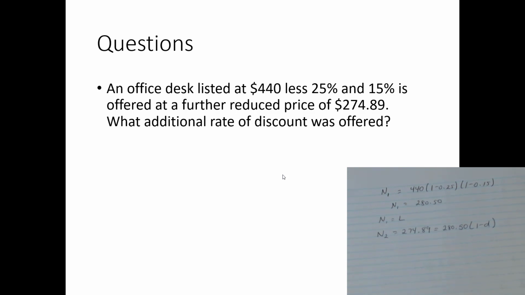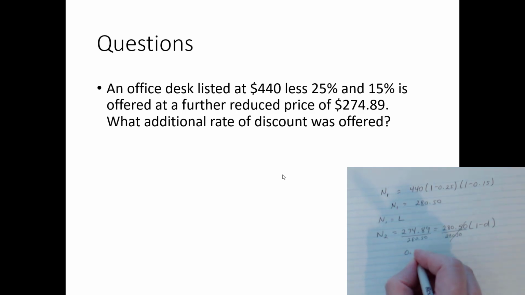Okay. I got that 1 minus D sitting sort of nasty in brackets and things like that. So I want to isolate it. It's a little bit trickier. I'm going to get rid of the $280.50 first off, because you could multiply it in and do a lot of extra other work, but that just seems like a whole lot of extra other work.